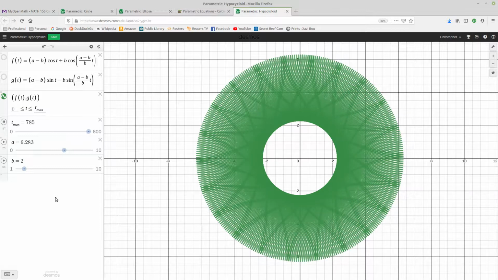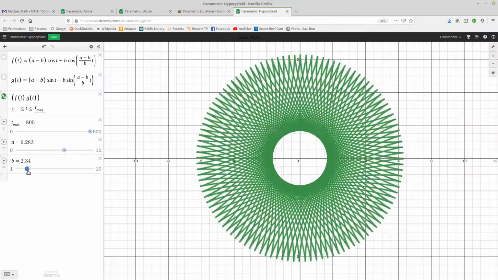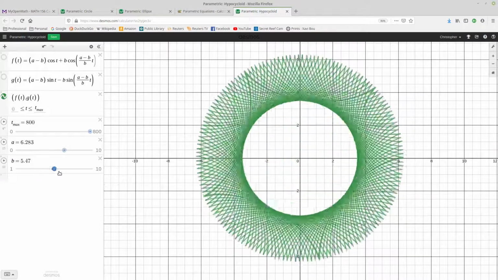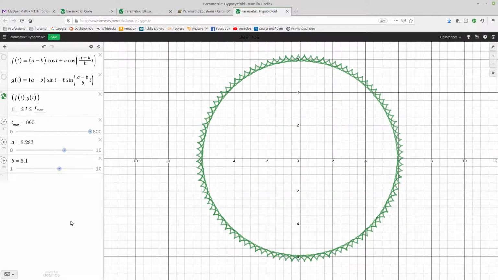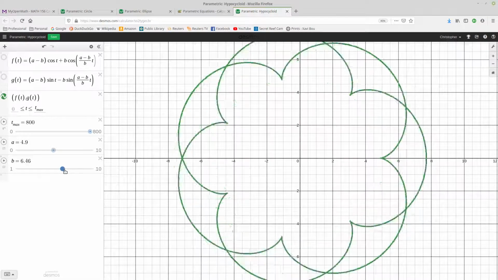Now when it stops, what I'm going to do is just leave that static picture up there. But now I'm going to change the A and the B values. If I choose B equal to something a little closer to A, we can see a very, very different type of graph. If I choose A to be the smaller one, we can see how it gets a little bit inverted.